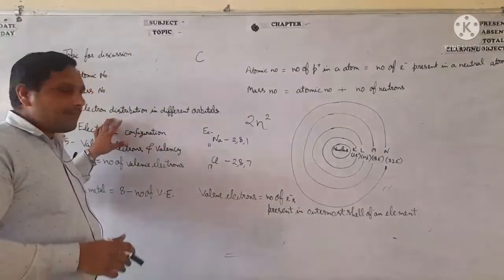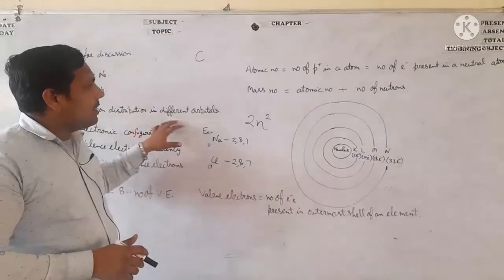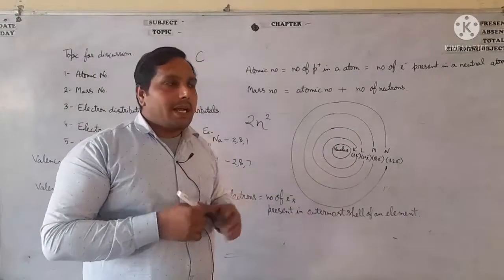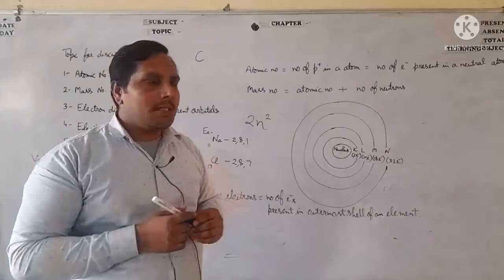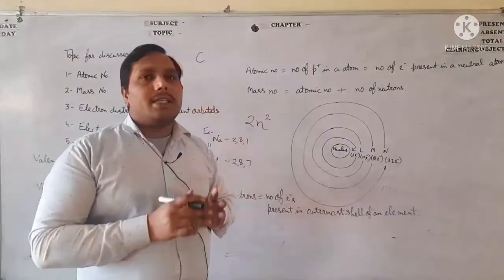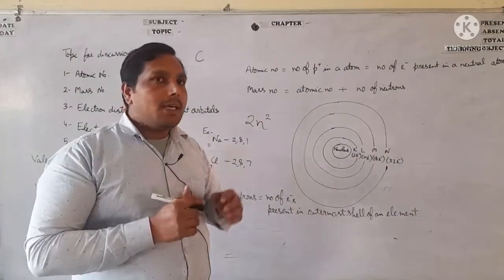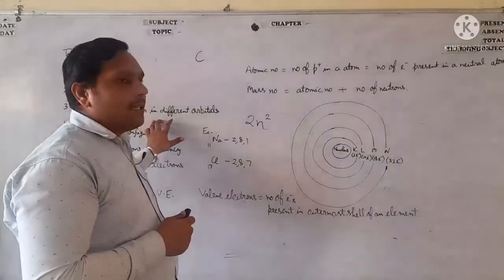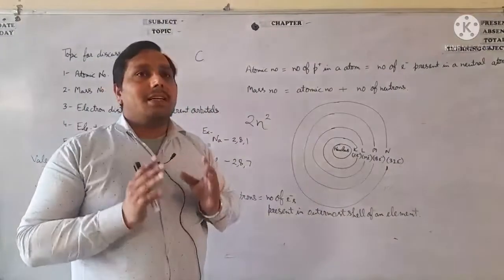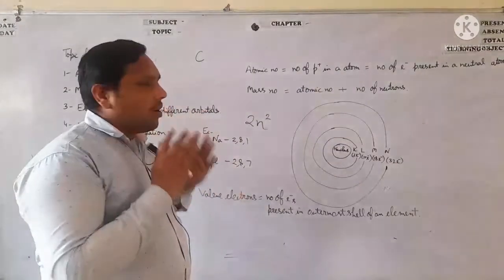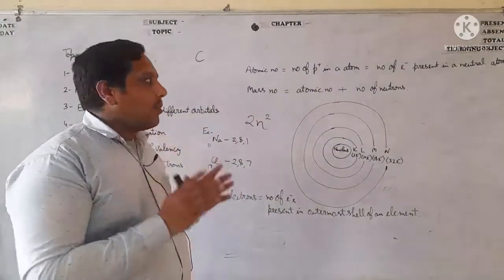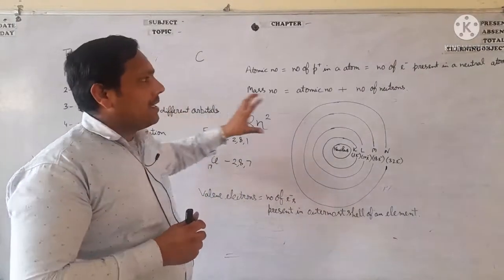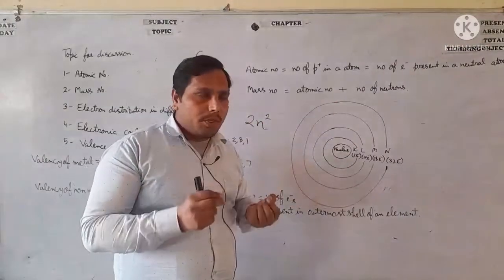Third one, electron distribution in different orbitals. Dear students, you know very well that according to different theories, electrons are distributed in different orbitals. Bohr's model tells that electrons are present in special orbitals, where the orbital contains energy. So electrons are present in some orbitals.